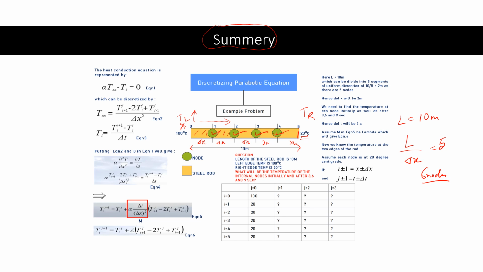If we are generating 6 nodes, then we are creating 5 segments. If we are creating 4 segments, we are creating 5 nodes. Okay. So always the number of nodes is equal to segments plus 1. This is a common relation. Right? So what we have done is we have created 6 nodes out of 5 segments.